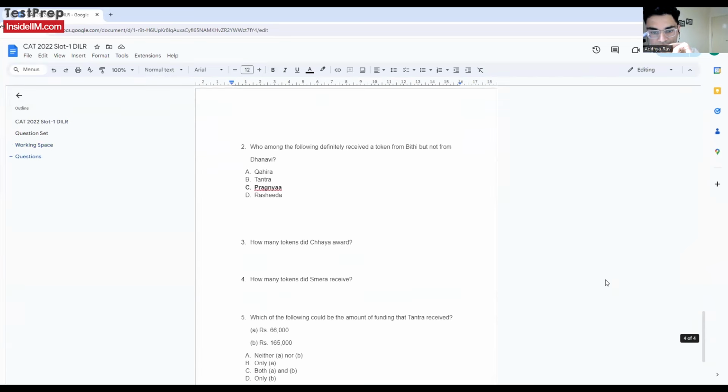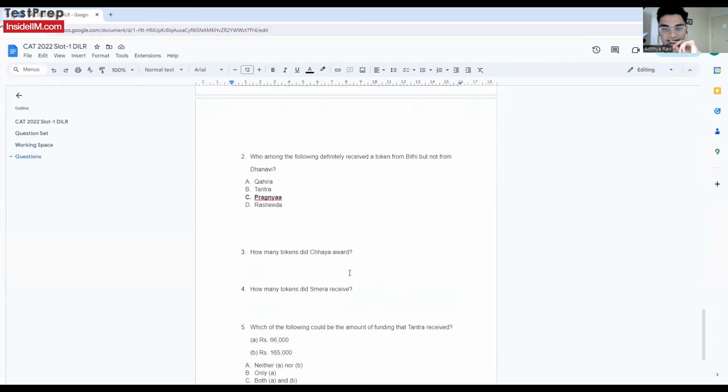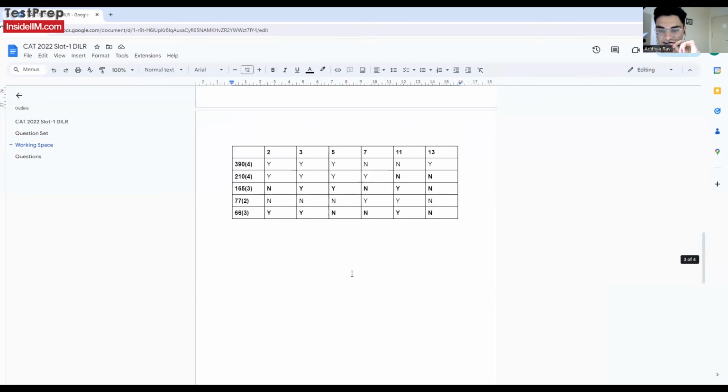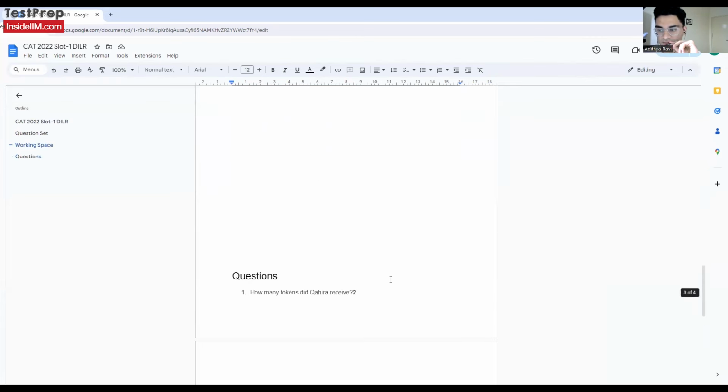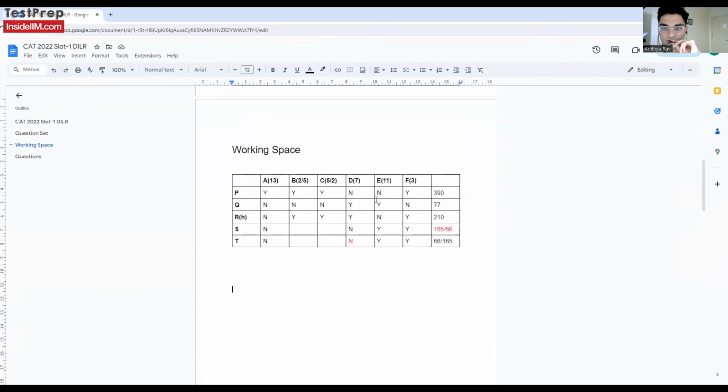All right. Question number 3, how many tokens did C award? C is giving out tokens worth either 5 or 2.